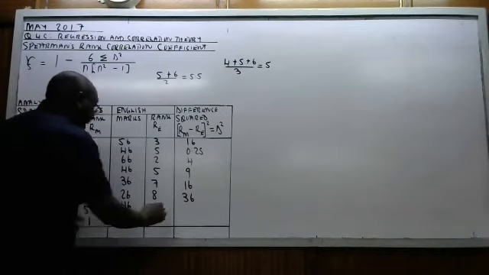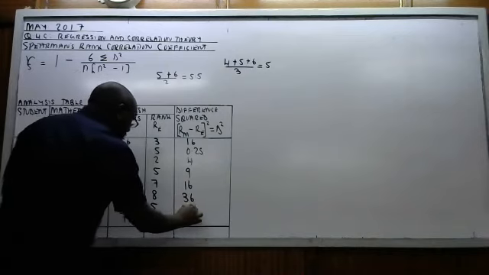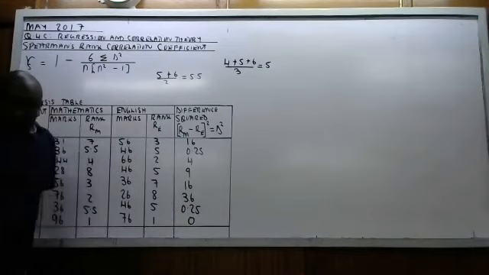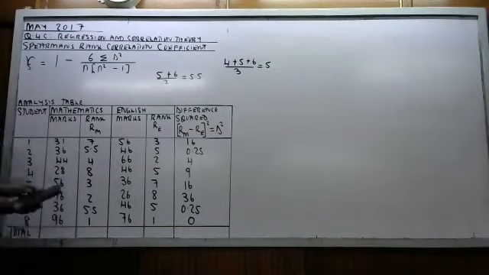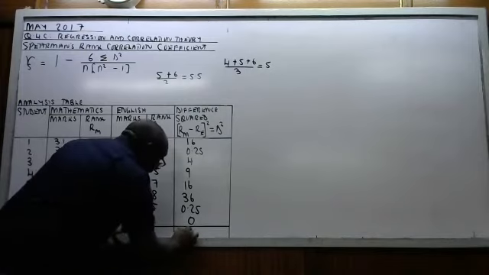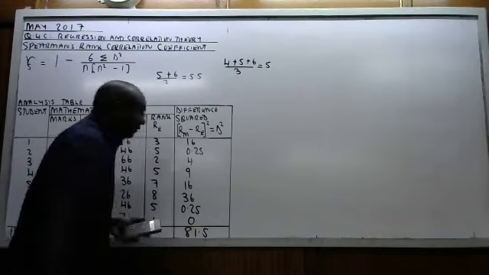This is 0.5, you get 0.25. And this is 0. So I'm going to have 16 plus 0.25 plus 4 plus 9 plus 16 plus 36 plus 0.25. I have 81.5.